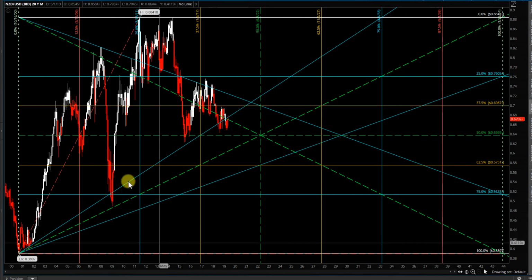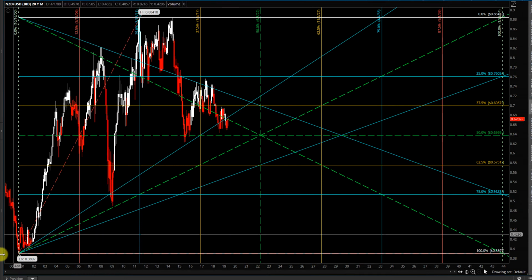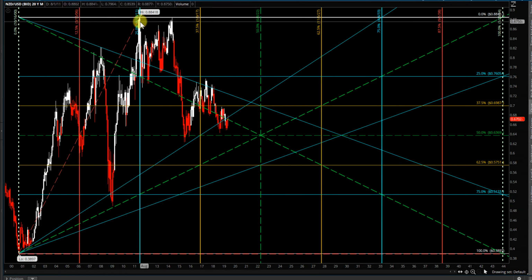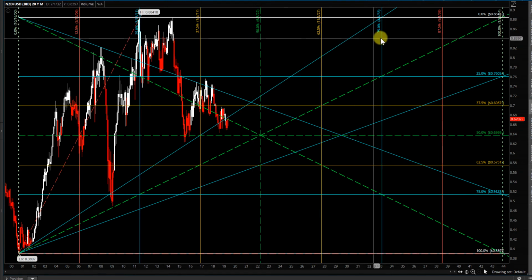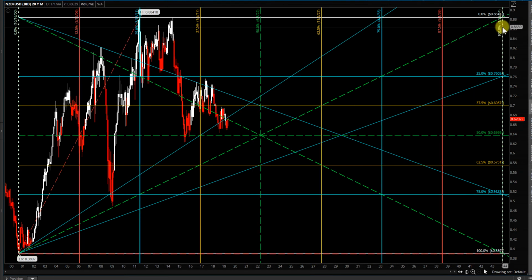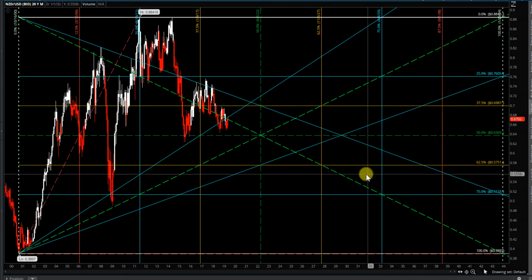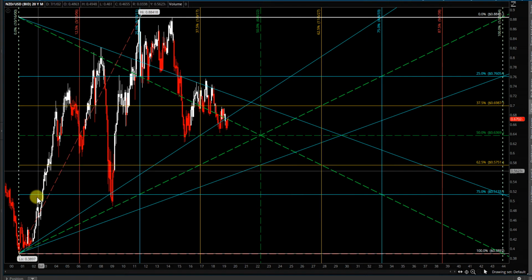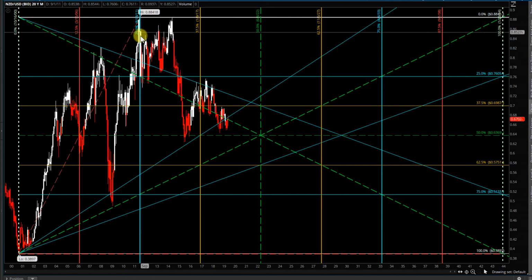You create a box from the first impulse wave, which is 25%. Right here's the 50%, 75, and the end of the box, which goes all the way to, wow, 2044. But this is a monthly, so you have to play with the big levels.